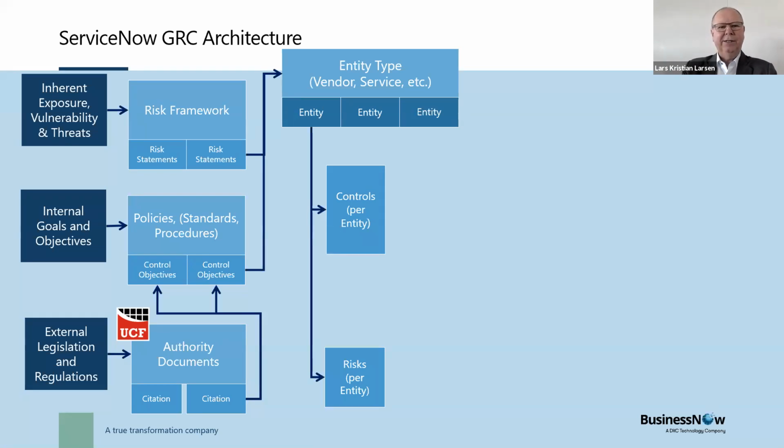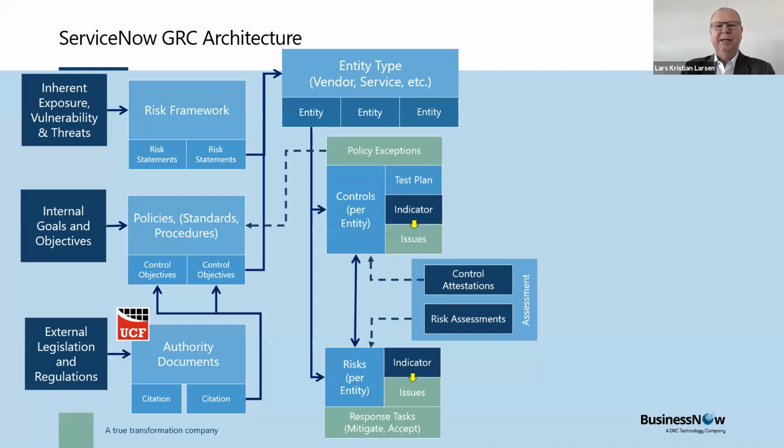And what ServiceNow GRC also puts in is test plans, indicators, issues that we are having, and attestation about someone saying that, yes, we are actually using this in our part of the business, in our department, and we are in compliance with these situations, and we have assessed our risk and also put in how we can mitigate and respond if they would ever happen.